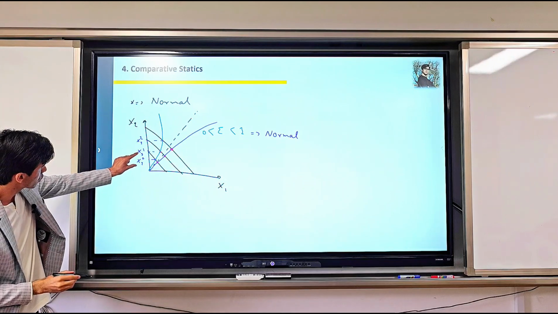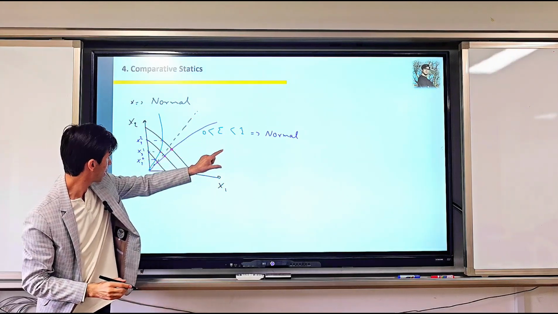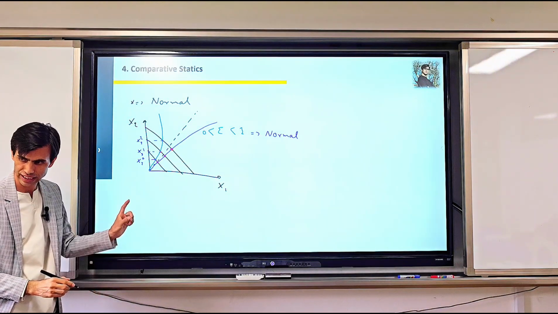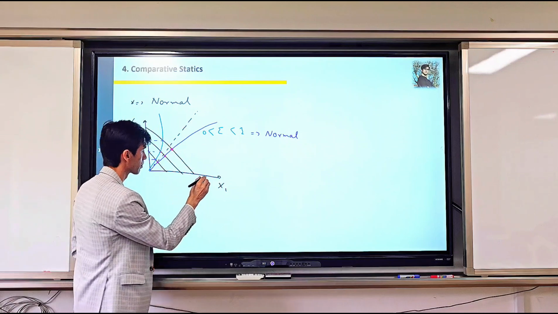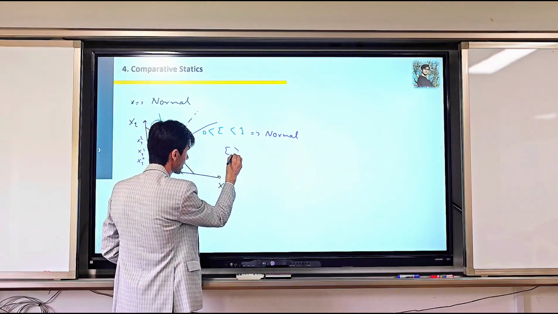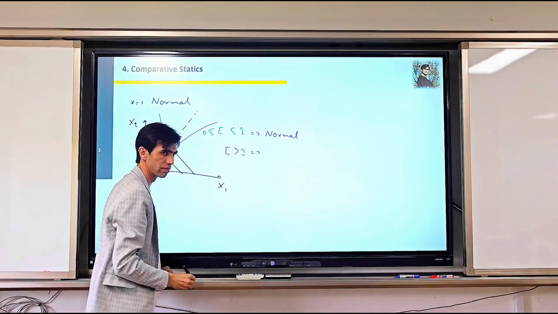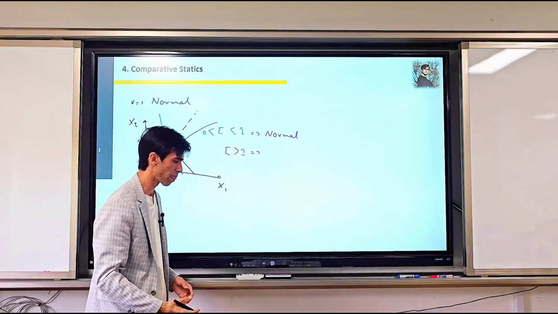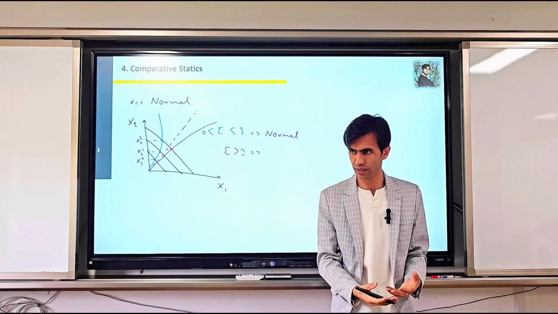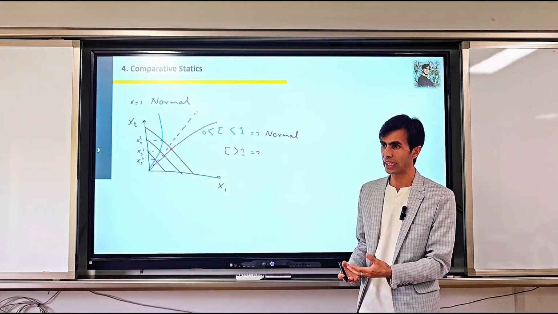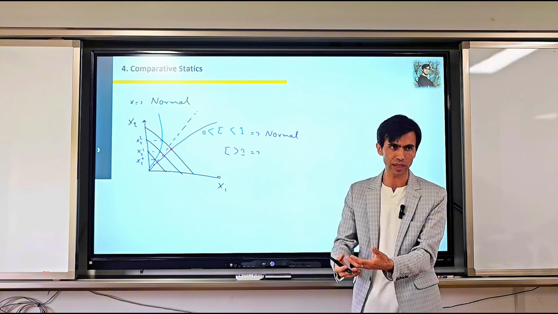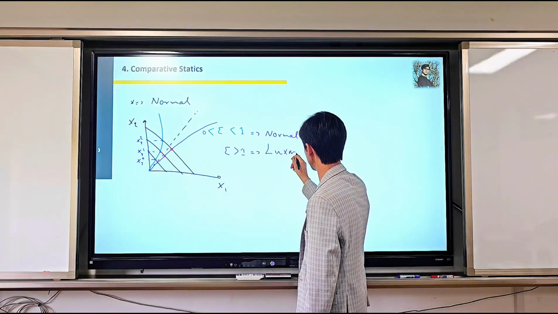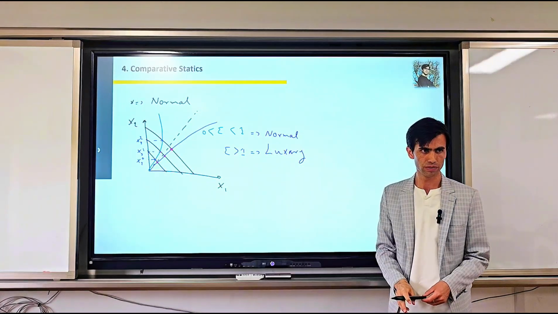The demand for x2 is increasing with increasing income, and increasing with an increasing rate. So if the income elasticity is greater than 1, then if our income increases, the demand for that good increases more than the increase in our income level, and that good is a luxury good.